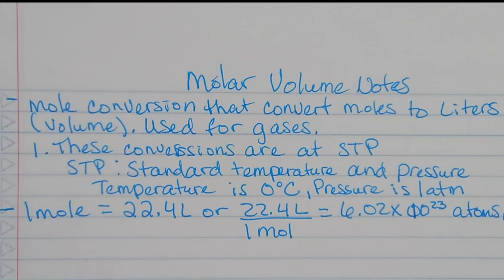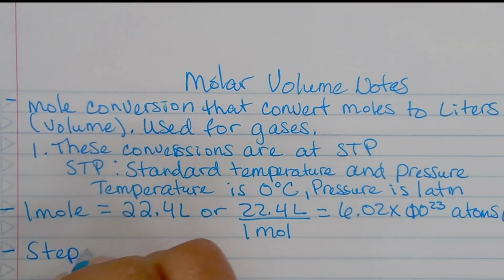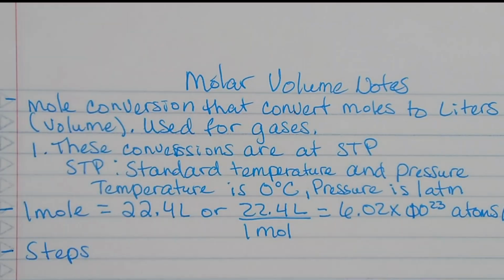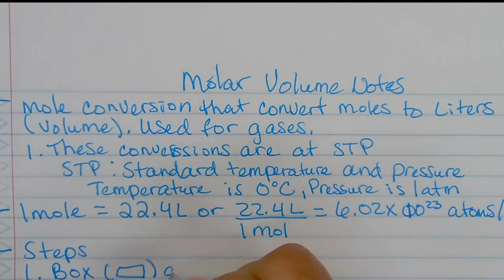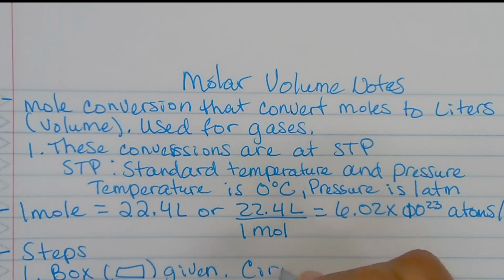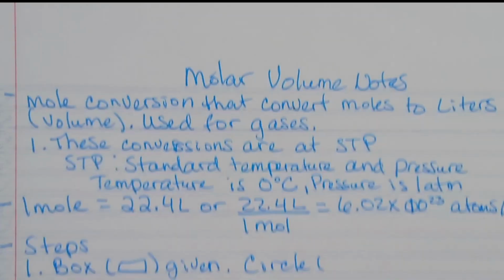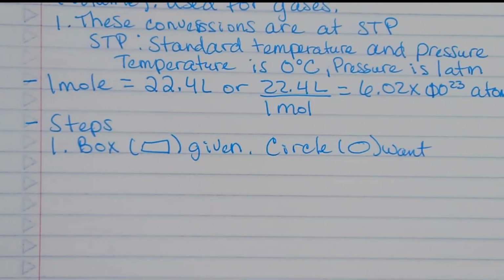So the steps are pretty much the same as we did before, but instead of using molar mass, we're going to use our molar volume. So we will box the given. We will annotate our question. We will circle the want. Then we will write our given.